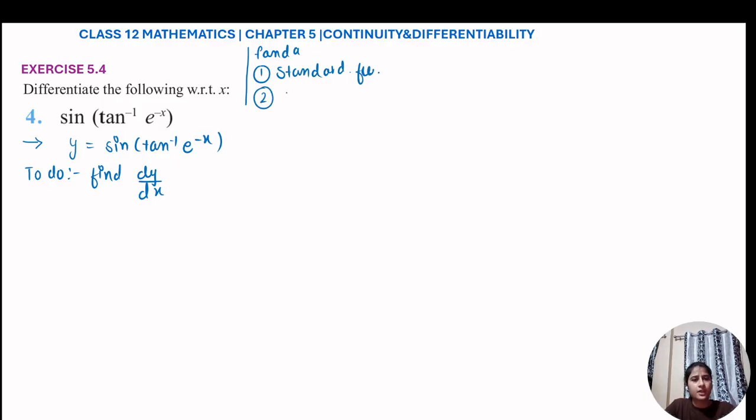Then check if you can apply your UV rule, or the quotient rule, that is the U by V rule. Then third, if all of these are not coming, only the chain rule is possible. So the chain rule comes when there is a composition of functions.